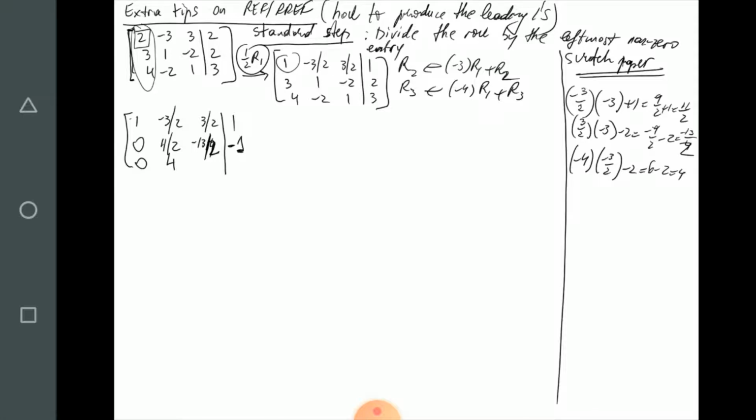And minus 4 times 3 over 2, excuse me, plus 1, not minus 2. I was looking at the second row again. So 3 over 2 times minus 4 plus 1, that's minus 6 plus 1, which makes it minus 5. Last entry, 1 times minus 4 plus 3, that's minus 1.